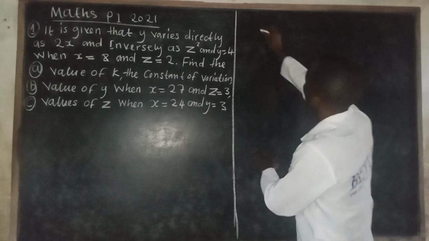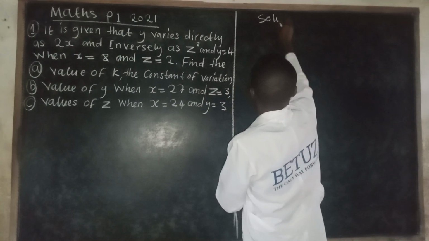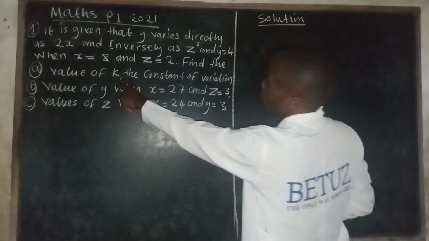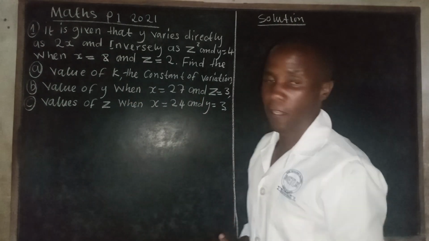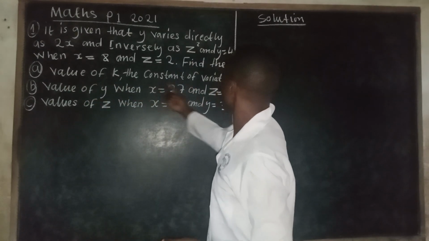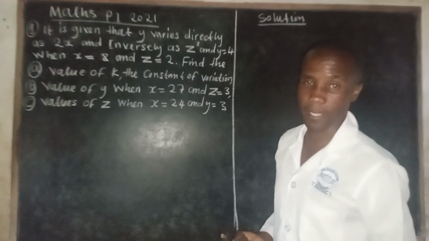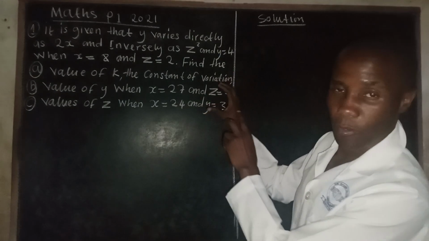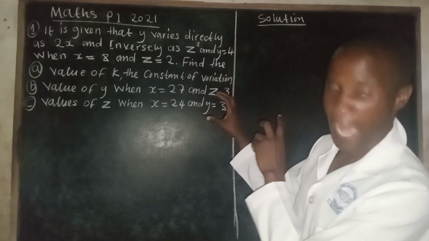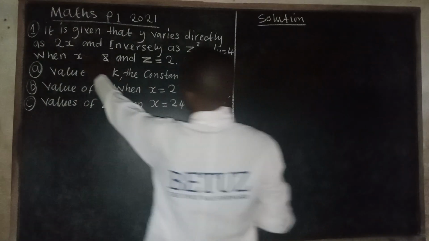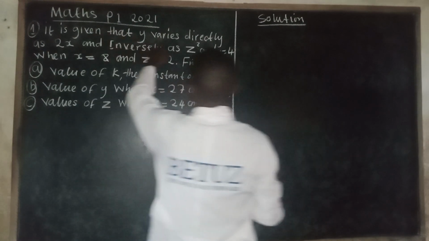Solution. We are going to start. Remember, the first question is saying value of k, the constant of variation. Now you are going to write letters according to the information given and the way they are relating to each other. Here they are saying it is given that y varies.